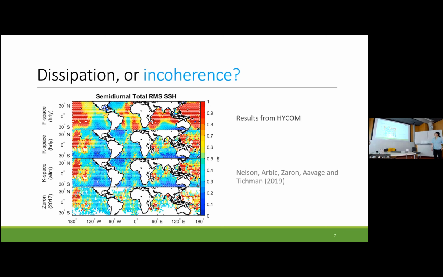So if you fit a harmonic series over all the hourly outputs for a tidal period of 12 hours, you get a very exact true answer for how strong the actual tide should look. So this is obtained by analyzing hourly outputs from the HYCOM model, and this should be the truth of how strong the M2 tide is. And these three figures are plotting what you would get from harmonic fitting.